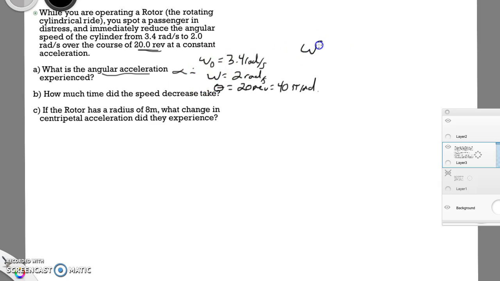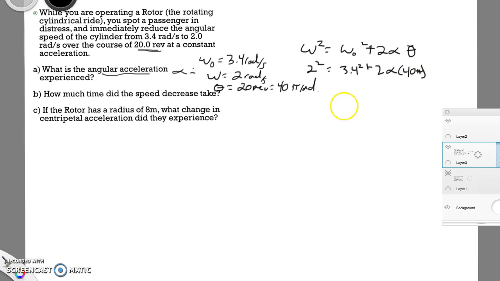We're going to use this equation right here because it has all 4 of them in it. Okay, we're solving for alpha. So we're going to say 2 squared equals 3.4 squared plus 2 alpha times 40 pi.